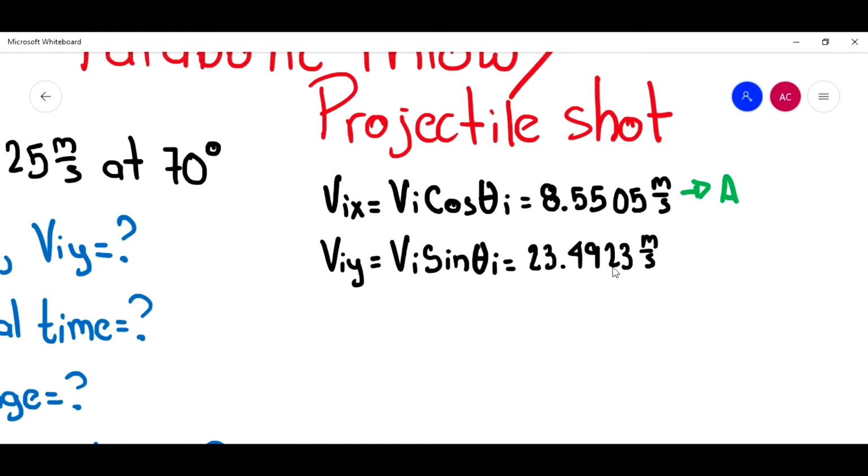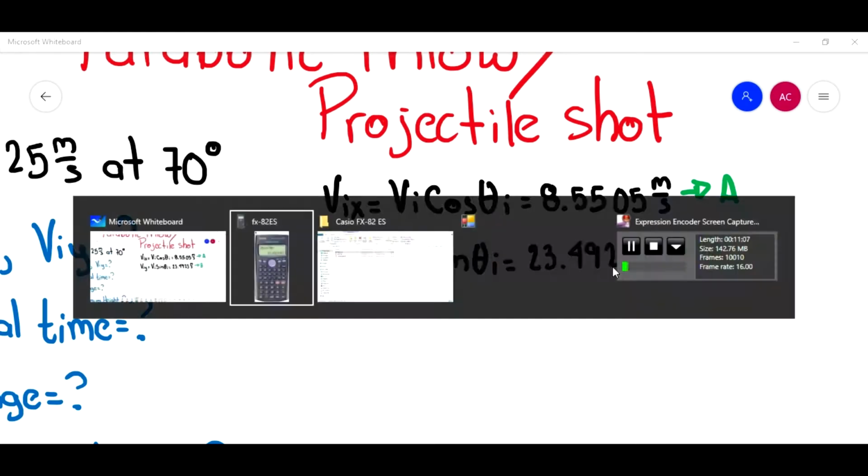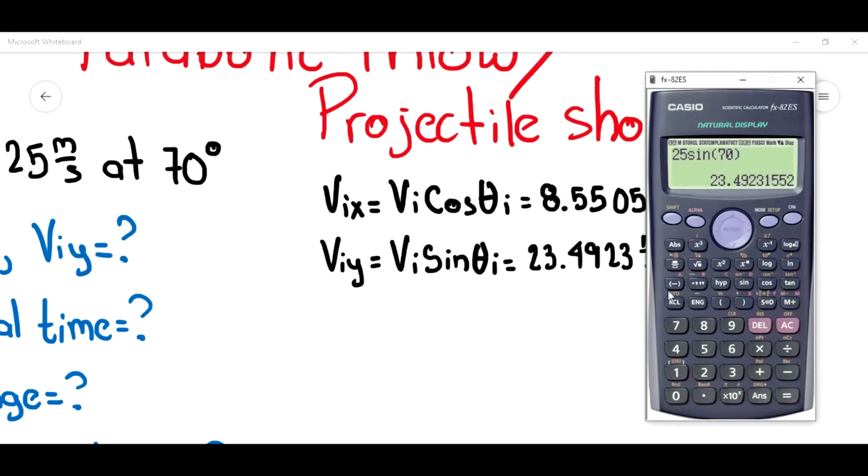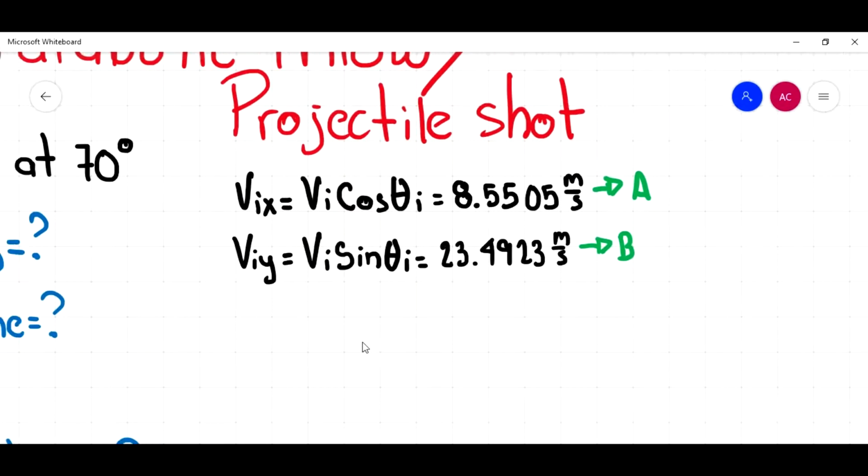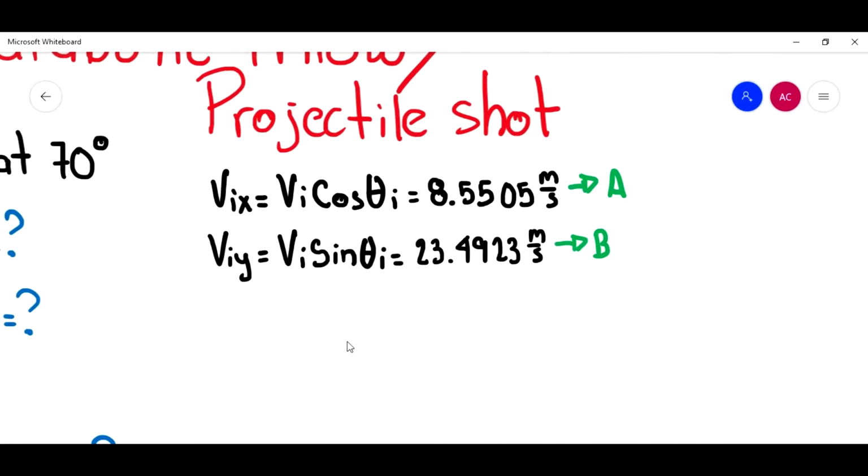Okay, and this value is going to be saved in the memory B. Shift STO B. Okay, and so this is the letter A. So I'm going to circle it. This is letter A of my problem.